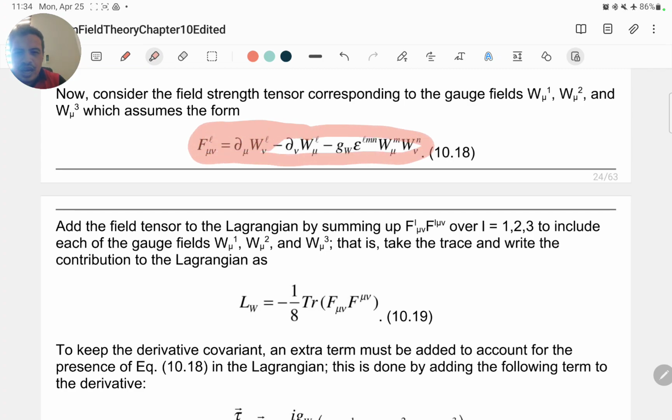This is because the W mu also interact with themselves. And of course there are three of these in the SU2 group, while in your U1 group you only have one. You only have B mu.